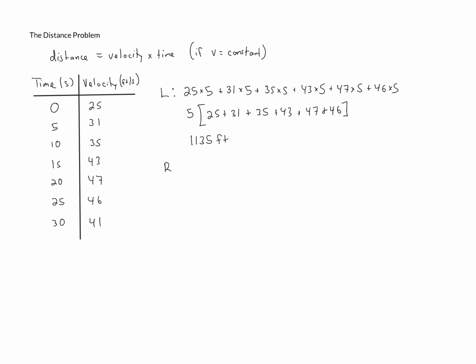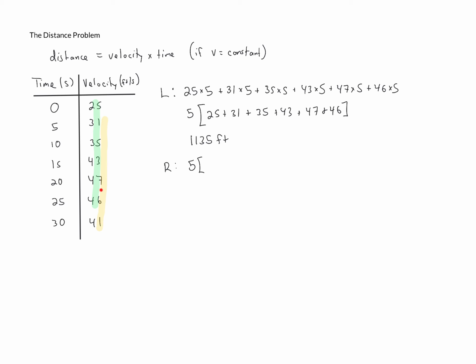We could also use the right endpoints of each of those intervals. I'm going to skip the first bit and just move to the point where we recognize that the time for each of the intervals is 5, and so we just have to write in the velocities. Now, before we used the left-handed velocities, the left-handed intervals, so that would be these ones. But if we're doing the right-handed ones, it's going to be these ones, because if we look at this interval, the end time is here, and this one, the end time is here, etc., all the way down to the bottom where the end time is here.